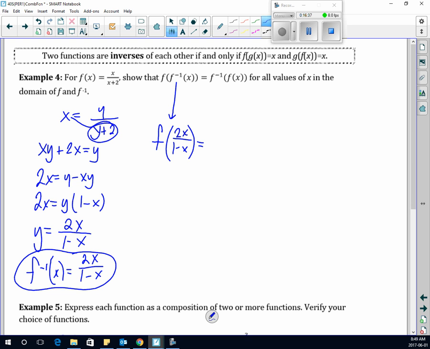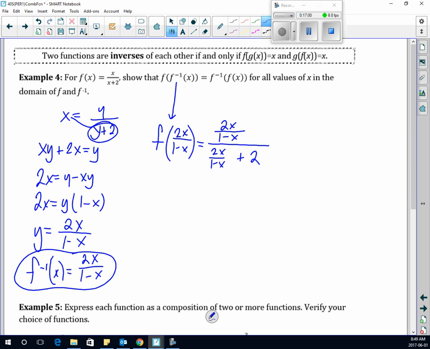Crazy, eh? So (2x over 1 minus x) divided by (2x over 1 minus x plus 2). So this is good practice from when we did proofs and we had all those fractions and fractions, right? So what do we have to do?